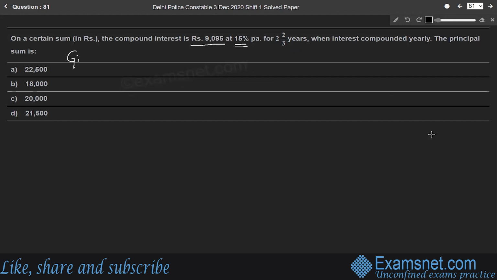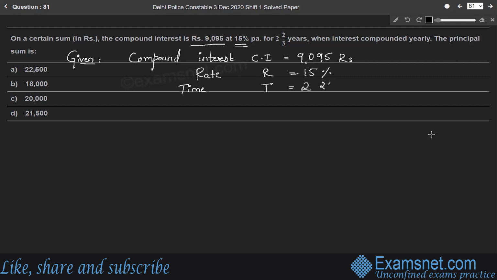Here given compound interest CI is equal to 9,095 rupees, rate of interest R is equal to 15% and time is 2 integer 2 by 3 years. Here time is a fraction, so we have to find the principal sum, that is P.